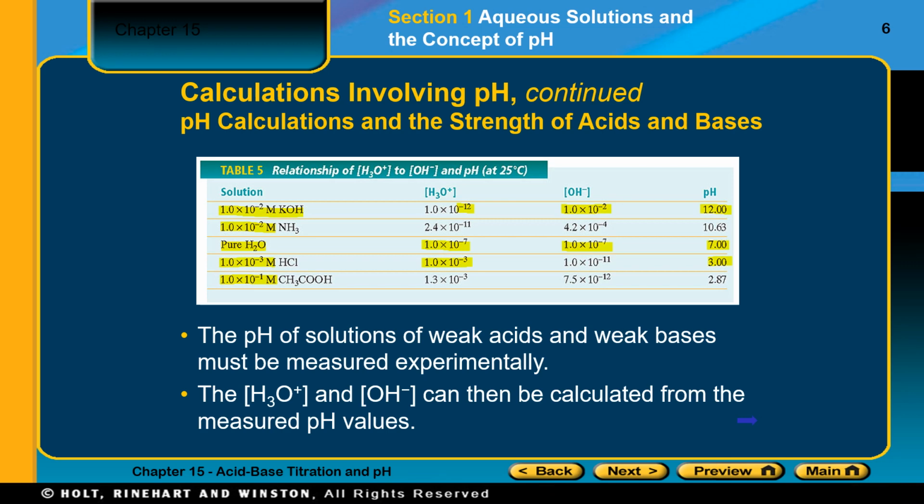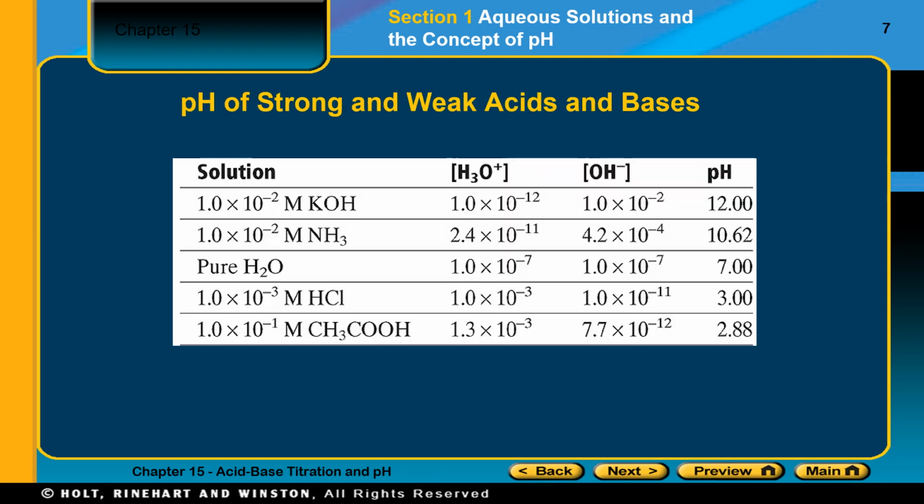So just to summarize, the hydronium ion and the hydroxide ion can be calculated from these measured pHs. But if something completely ionizes, we can actually calculate what the pH should be. So here is a summary of what we did in this last one.